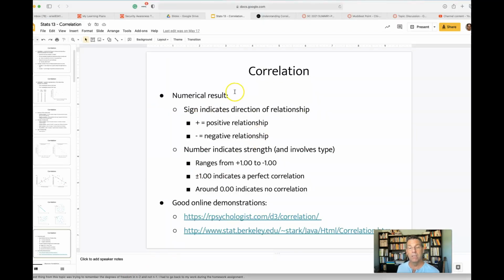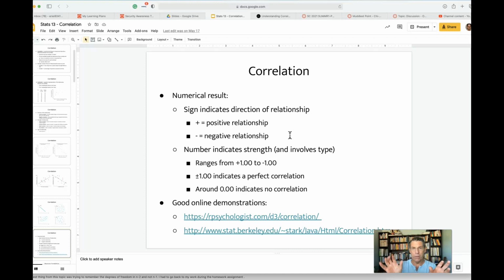First off, just to go back to the correlation itself, it is looking for whether two variables relate to each other, meaning that how you score on one variable, whether you score high or low on it, seems to relate to how you score on another variable.